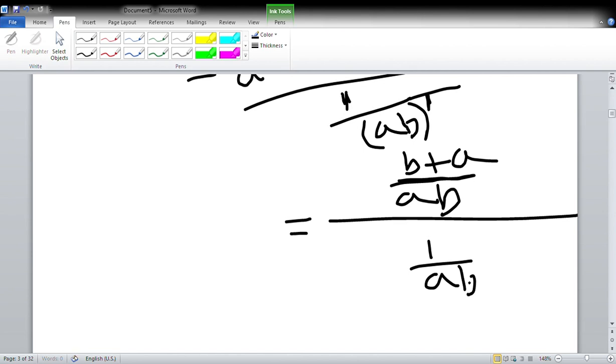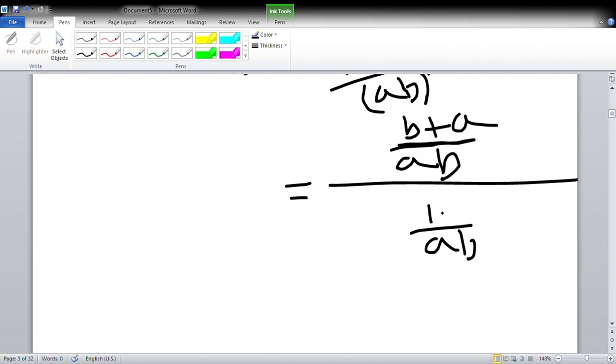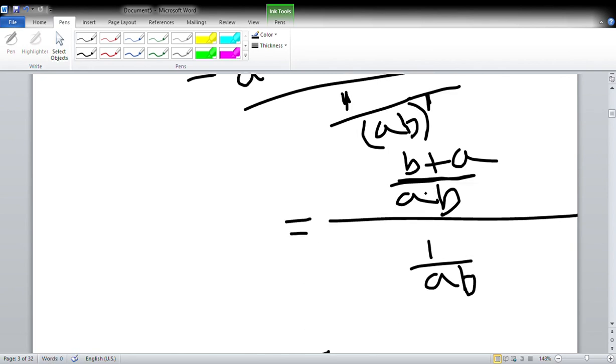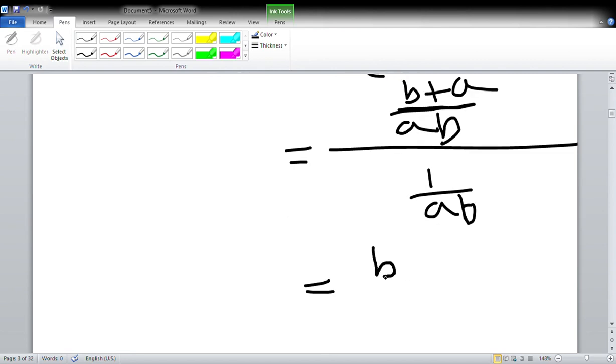So what is happening? b plus a by ab. If we divide by 1 by ab, you have to get a multiplication.